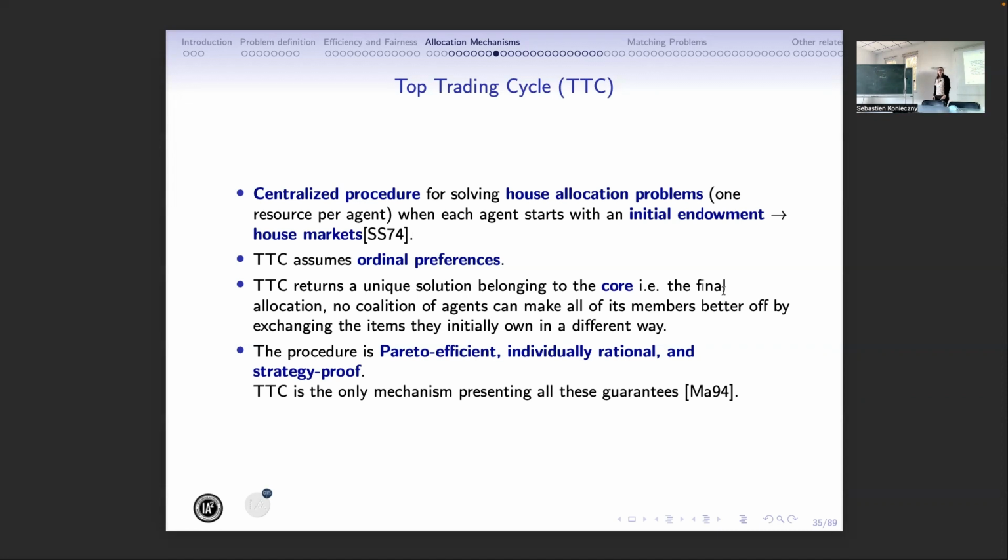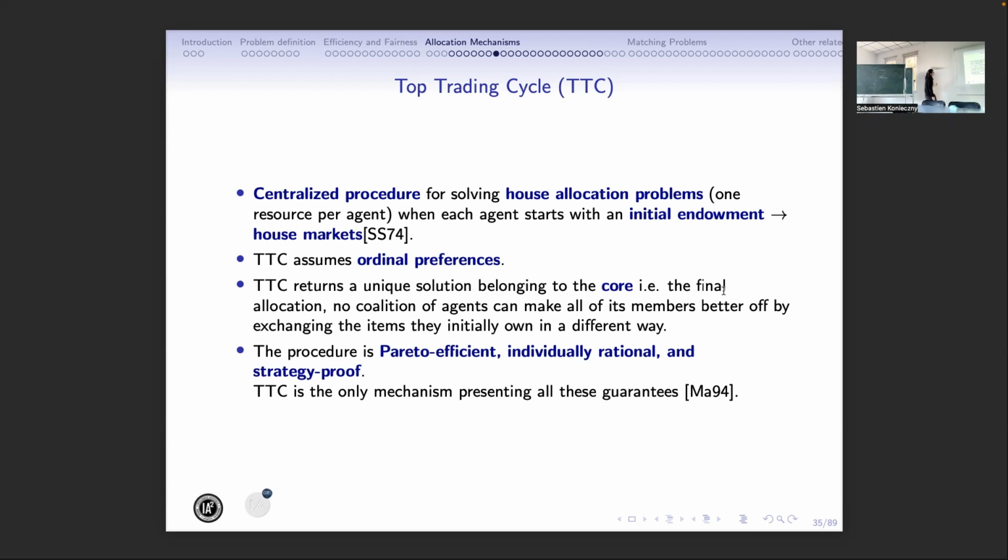The core is the set of solutions where no coalition of agents can make all its members better off by exchanging the items they initially own in a different way. So no coalition would have an incentive to exchange the items in a different way to obtain better utility.